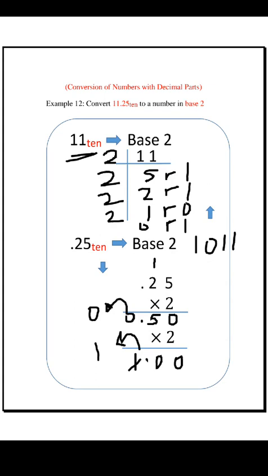For the whole number part we pick from the bottom to the top, but for this one, we pick from the top to the bottom, just the opposite of what we did up there. So our answer is going to be 1011.01 base 2.